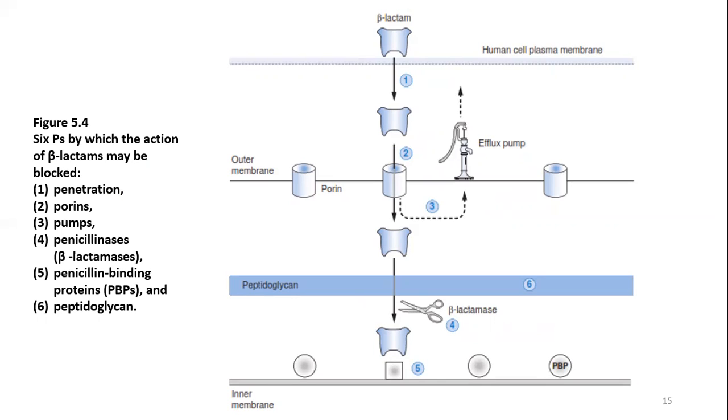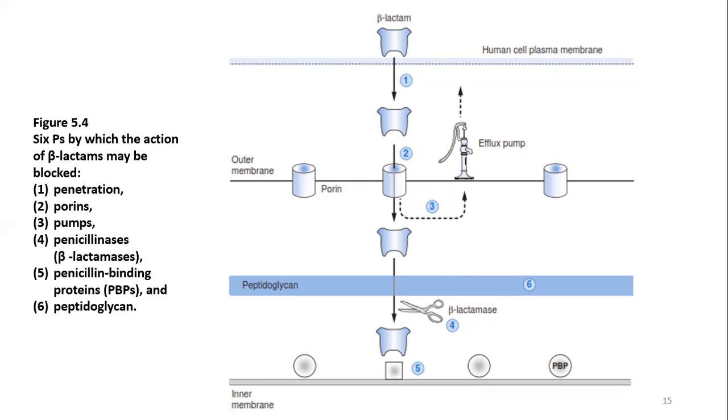Again, the names: Staphylococcus species, Neisseria, Haemophilus influenzae strains, and the enteric species and anaerobic species, just like Bacteroides fragilis. These microorganisms are producing penicillinases and they are degrading the penicillin. So this is also a type of resistance to it.